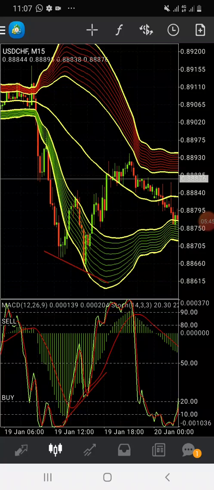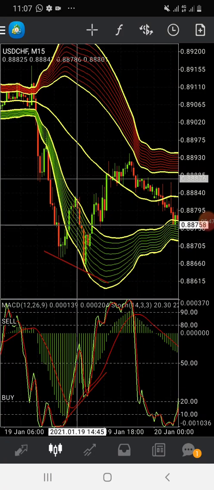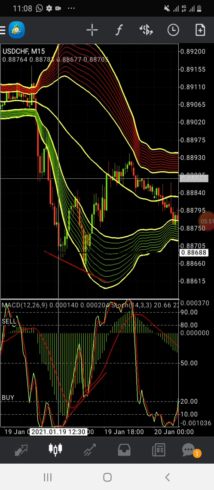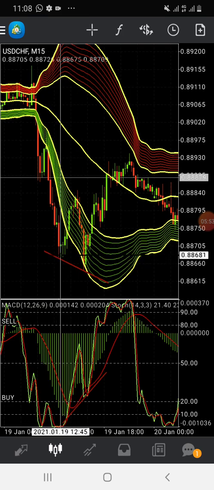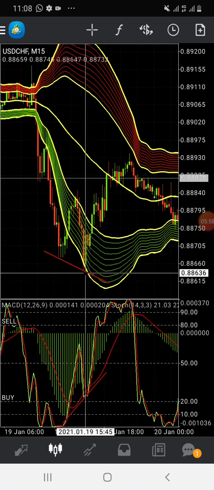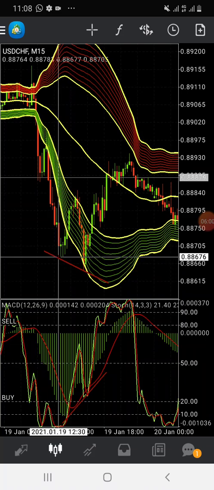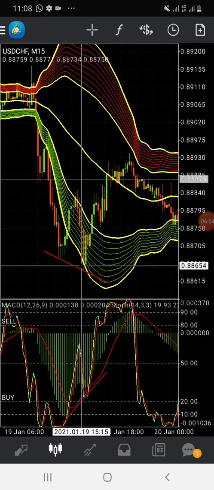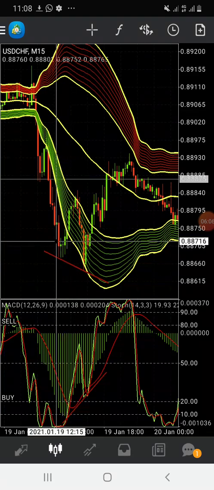Here is a scenario of a bullish divergence. Let's just call this first point A, and this other point B. As you can see, point A is high up above point B on your main chart.